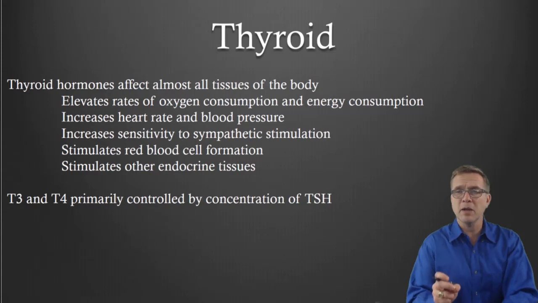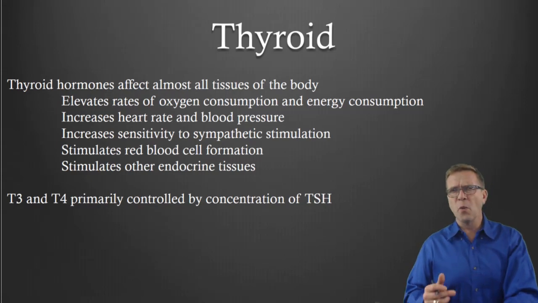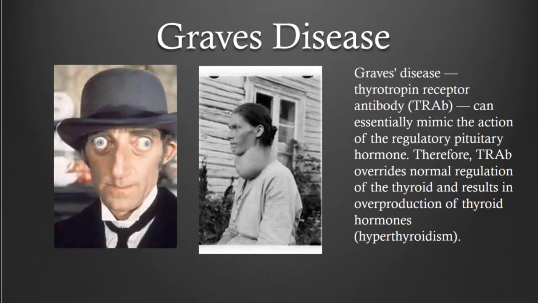Same thing if there's a problem in the anterior pituitary not regulating TSH properly, we're not going to have the right amount of T3 and T4. And if the problem is in the thyroid itself, obviously we're not going to be producing the right amount of T3 and T4. Hopefully you can start to guess what's going to happen if you start producing too little or too much. An example of too much would be Graves' disease. And what's happening here is a little bit different though.